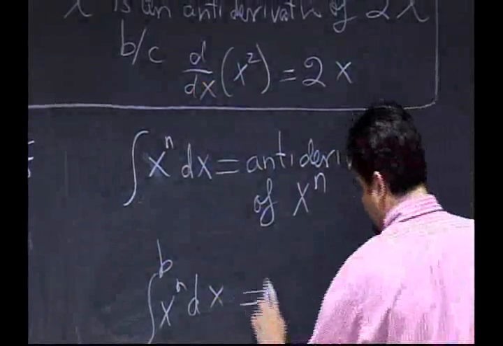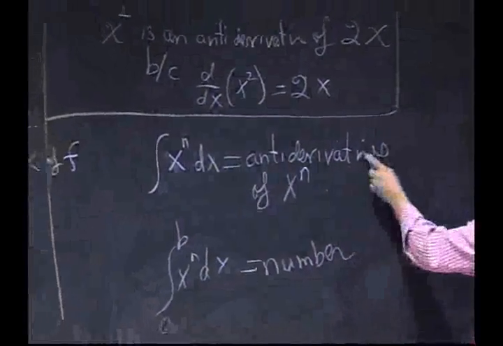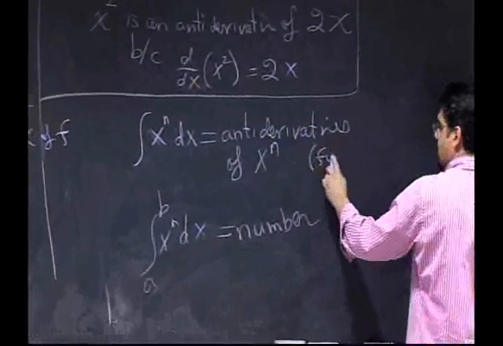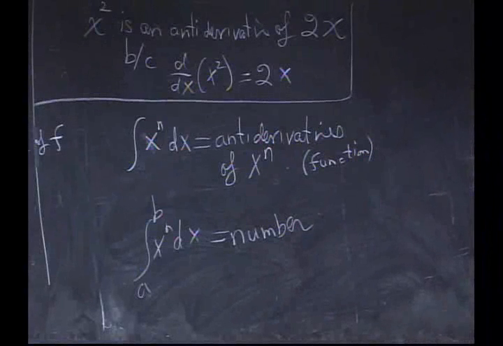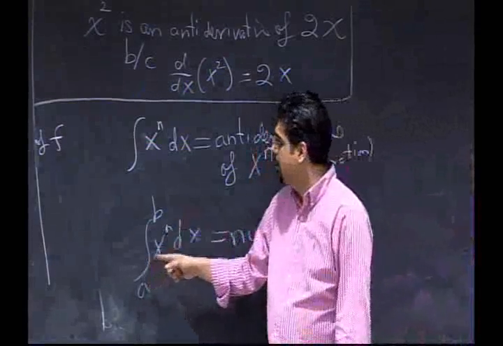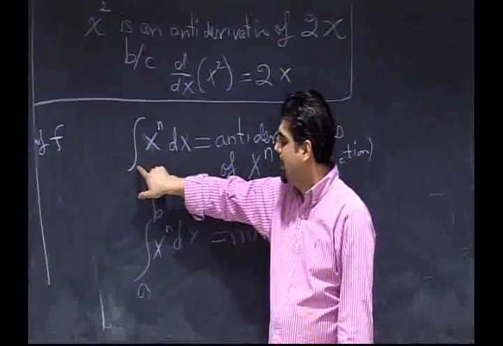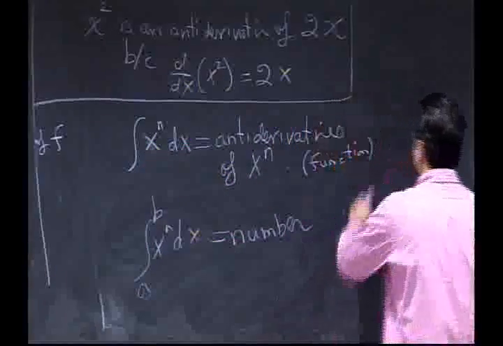This equals a number. This is a family of functions, or a function. So this was called the definite integral, and this type of expression is called an indefinite integral. So that's another name for it.